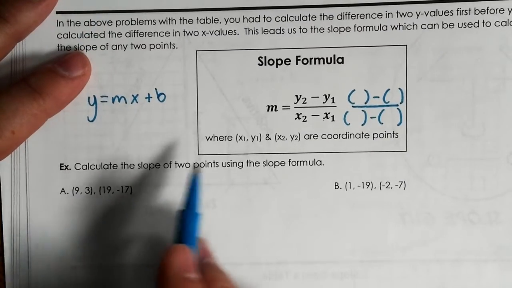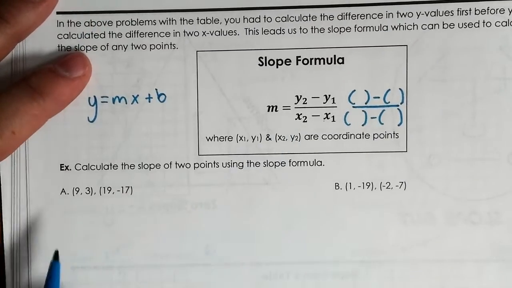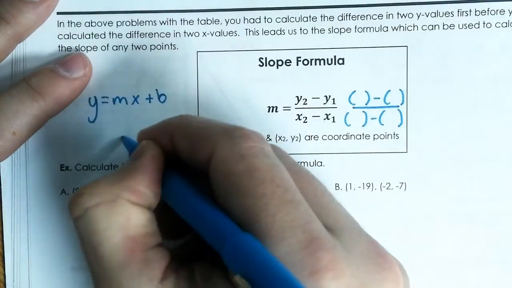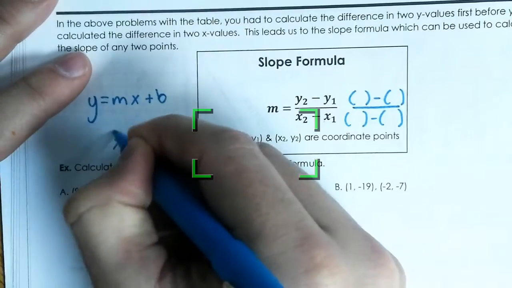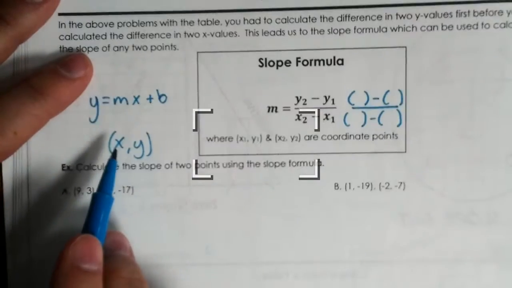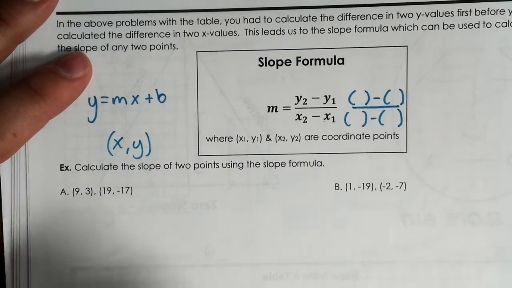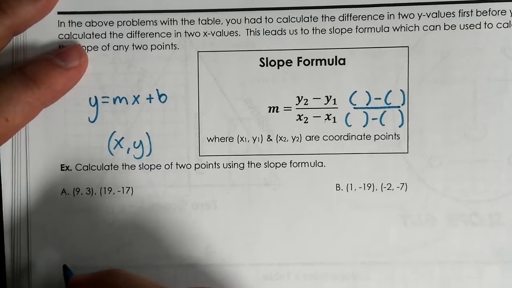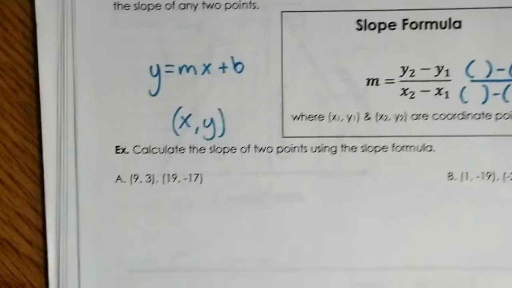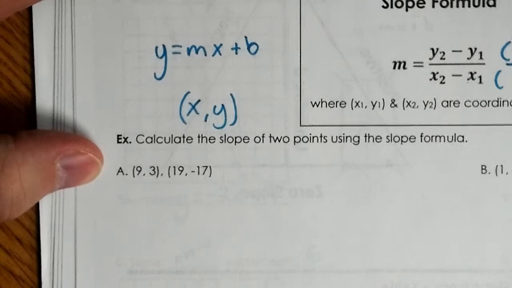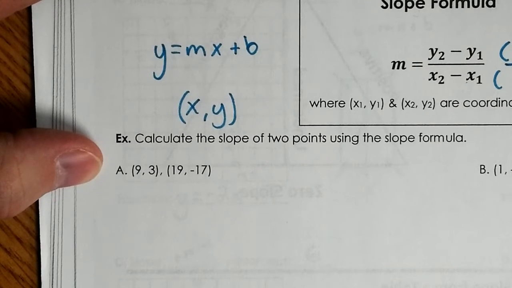Calculate the slope of the 2 points using the slope formula. So what is, again, we have this is x and y, right? Our first point is x, our second point is y. So what is our first x? What is our x1? We'll zoom in here. What's our x1 here? Let me show you the example first, and then maybe that'll help you out.